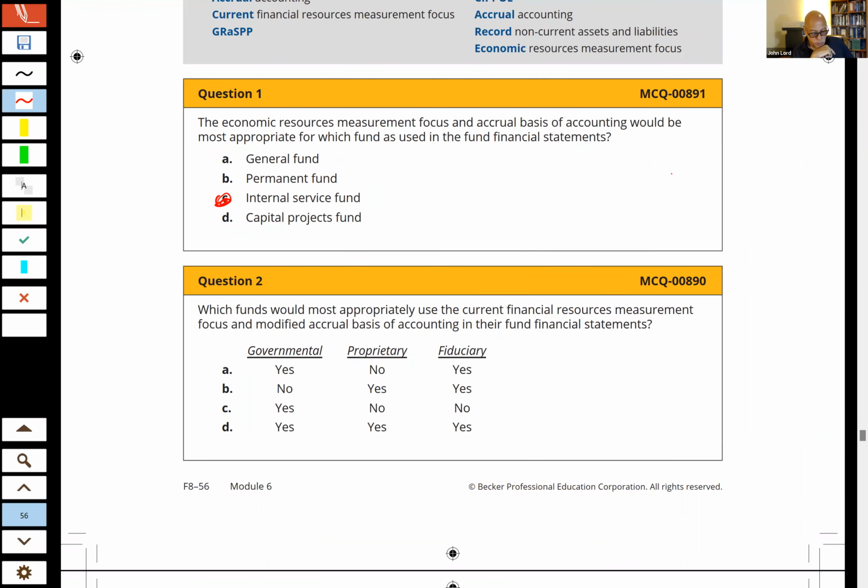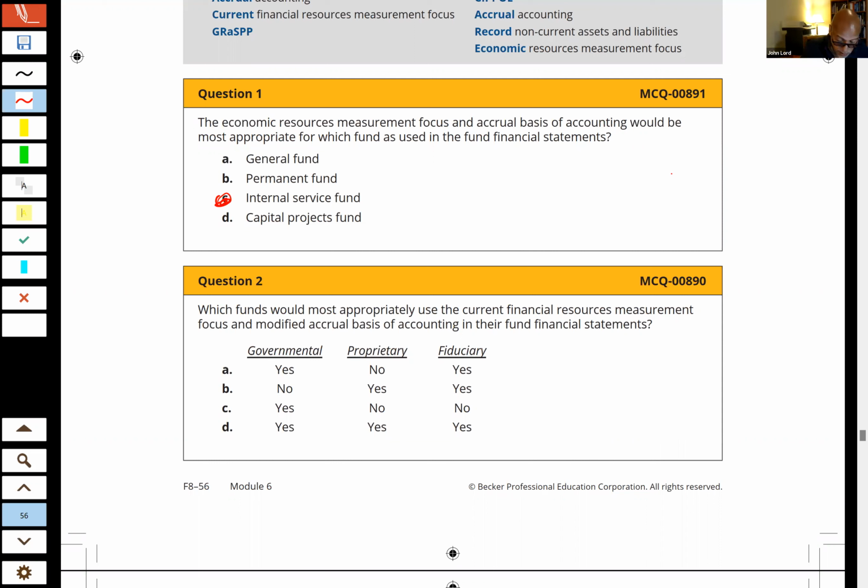So if I look at this question, even if I couldn't remember which fund it was that used the selected measurement focus and accounting that's being asked, modified accrual current financial resources measurement focus, there better be 2 no's in the right answer because only one uses it.